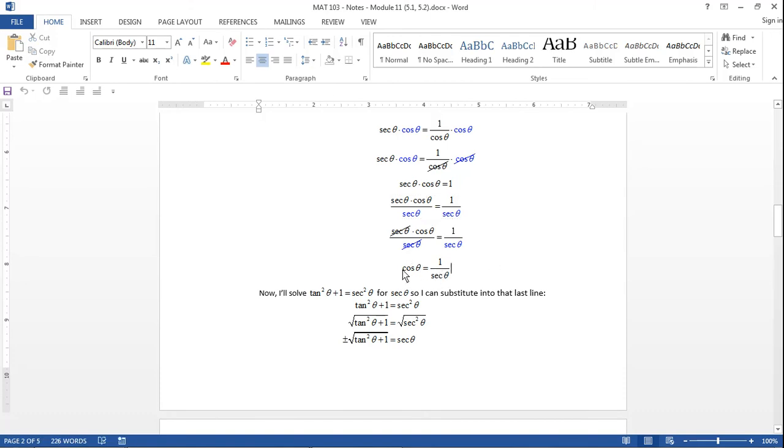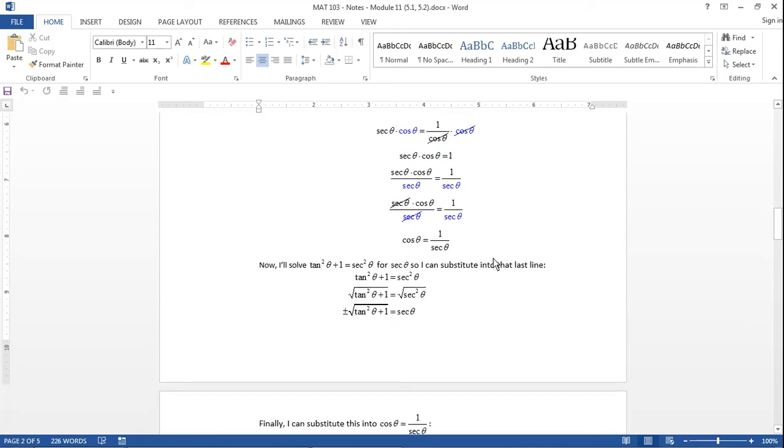Well, now, since we're trying to write cosine in terms of tangent, on the left I'm going to have cosine equals, and then I'm going to rewrite this 1 over secant as something involving tangent. And then I'll be able to say, okay, cosine is now written in terms of tangent. So what do I do next?